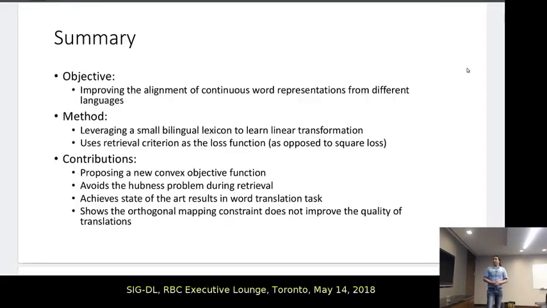Okay, let's get started. So the objective of the talk is improving alignment of continuous word representations from different languages. You have the word cat, for example, in one language, and the task is to be able to generate the same word in the other language without supervision, without seeing it before, but seeing perhaps some examples of other words.